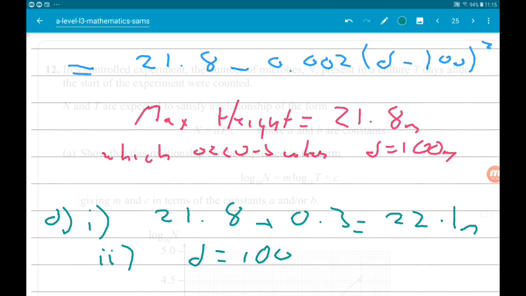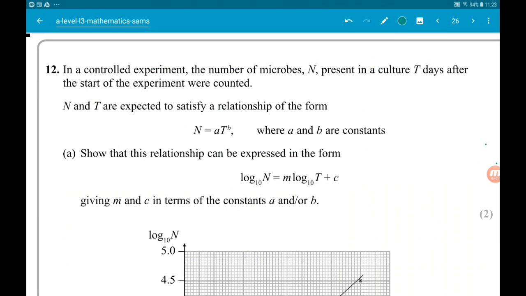Cool. Okay, number 12. In a controlled experiment, the number of microbes n present in a culture t days after the start of an experiment were counted. N and t are expected to satisfy a relationship of the form n is equal to a t to the b, where a and b are constants.